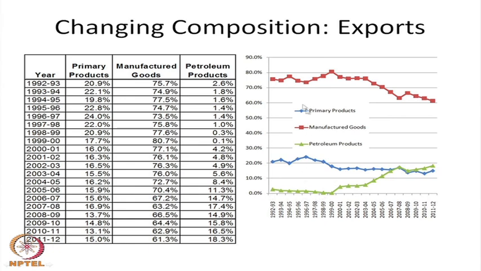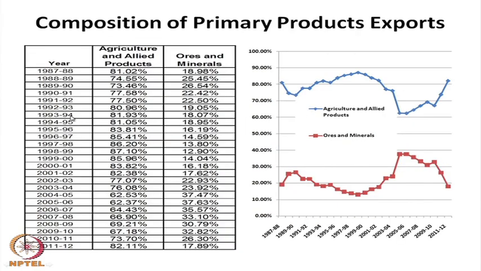And the decline of the primary product is an indication of the changing export basket and more value addition on the export side, and this is a good sign for the Indian context for adding export revenue. On the other hand, if you see the primary product export composition, the agriculture allied product composition almost remains constant in our export basket.